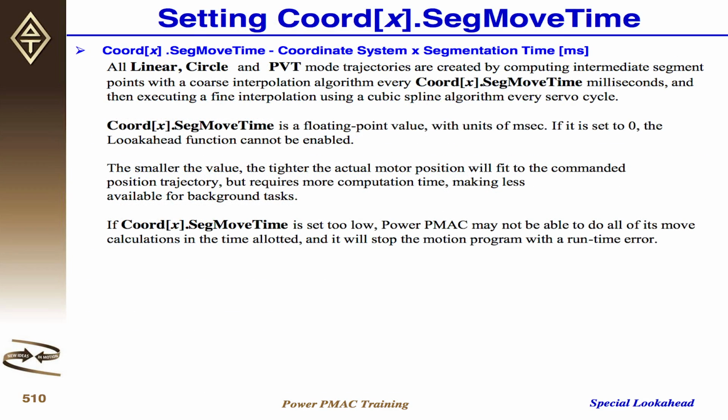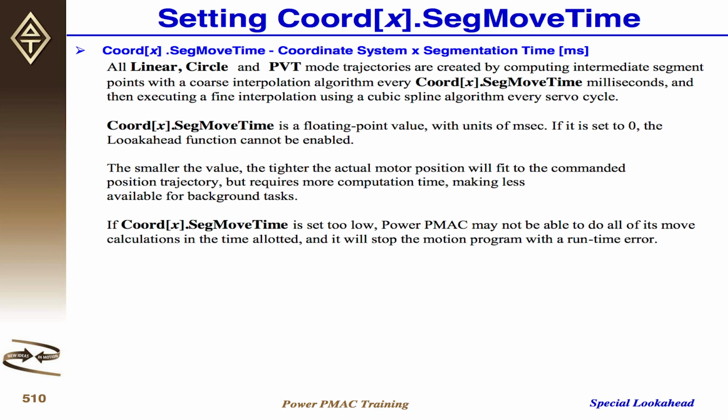About segmentation time: all linear, circle and PVT mode trajectories are created by computing intermediate segment points with a coarse interpolation algorithm every chord x dot seg move time in milliseconds, and then executing a fine interpolation with a cubic spline algorithm each servo cycle.